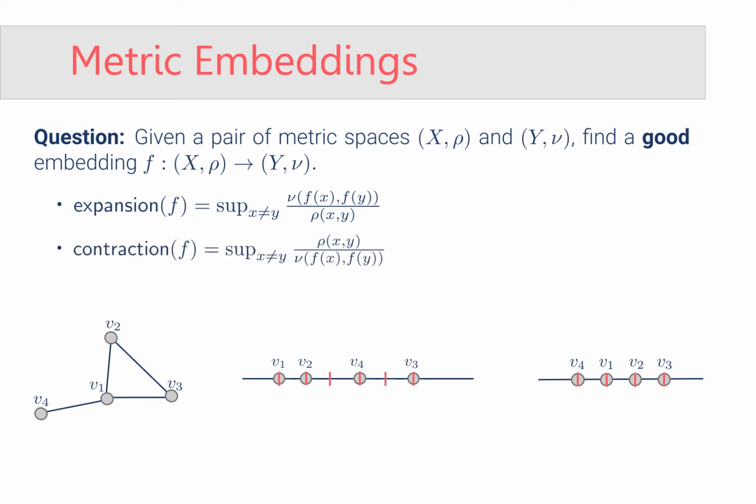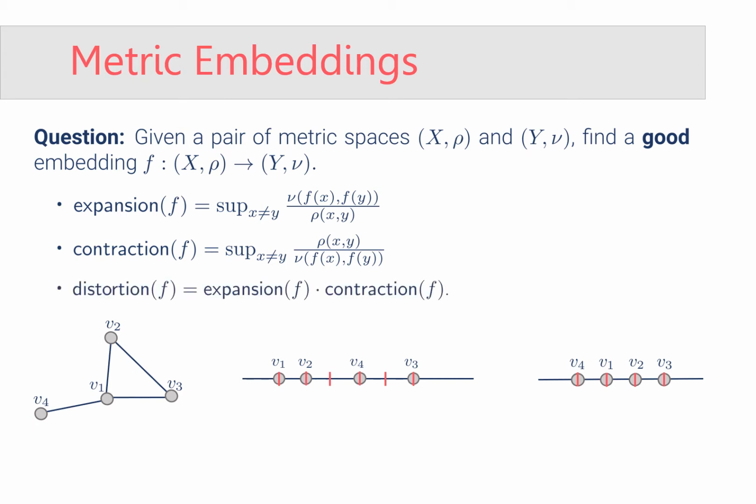Also, there is a notion of contraction: by how much does our embedding shrink the distances? For these two embeddings, it doesn't shrink the distances. The contraction is 1 for both of them, but it could be not 1.